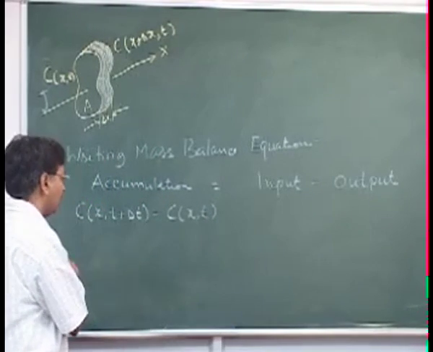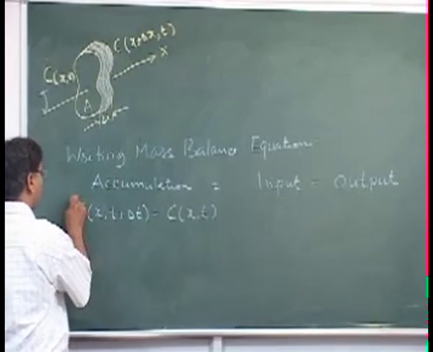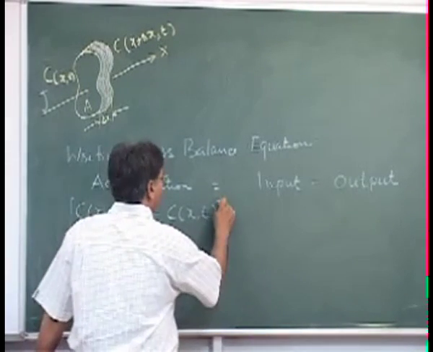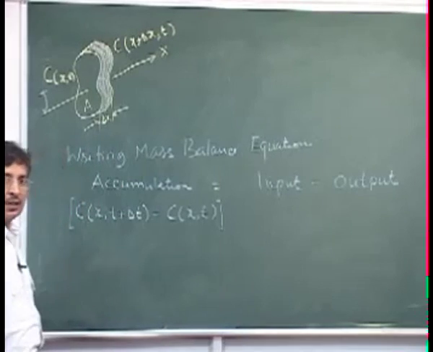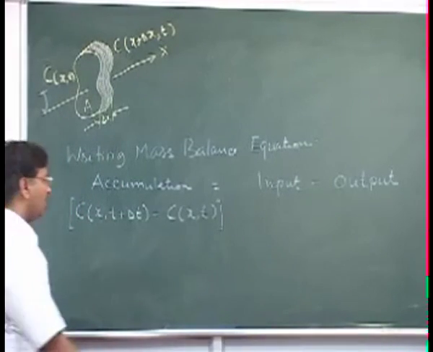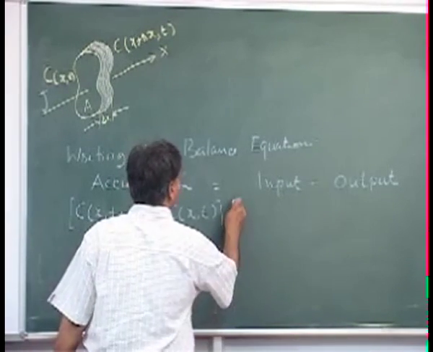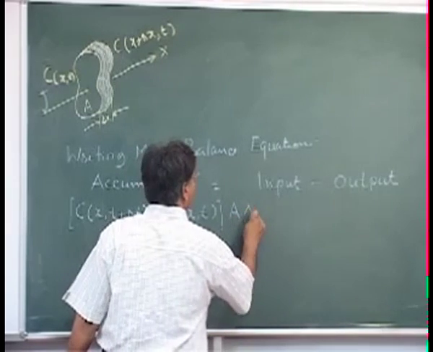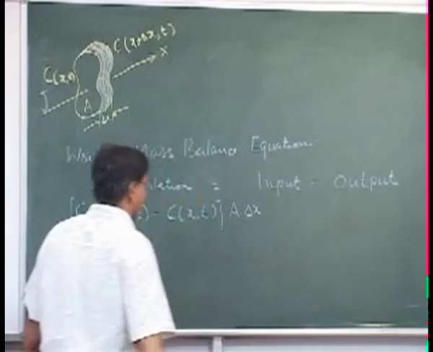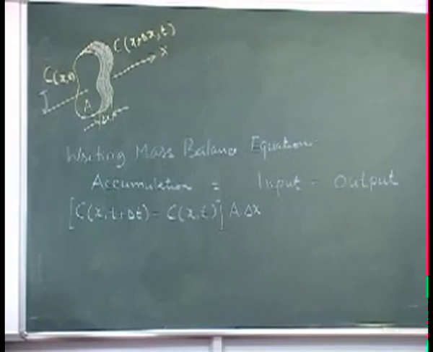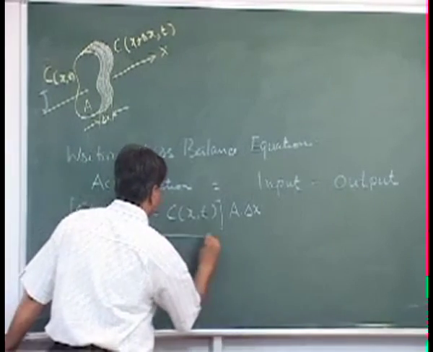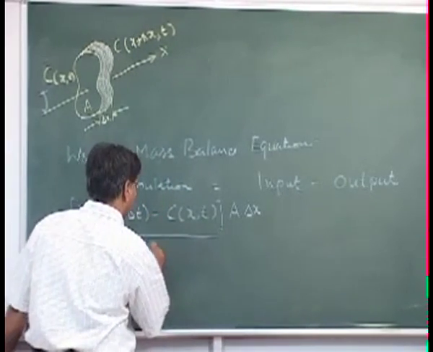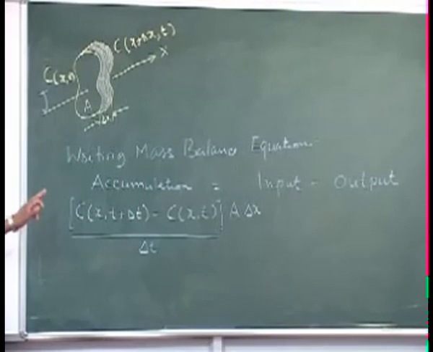That is the change in concentration you have. I must convert this into mass per time. So what do I do? Area times delta x, and time is delta t. That is the accumulation part.